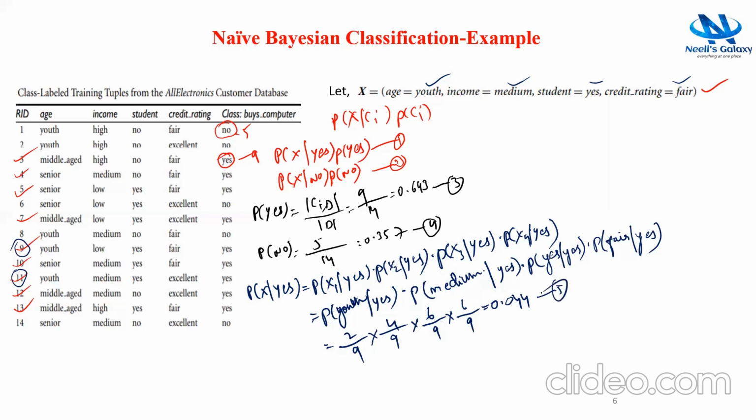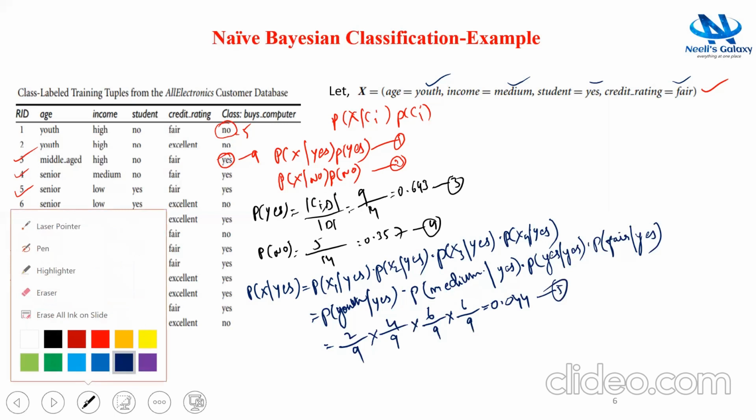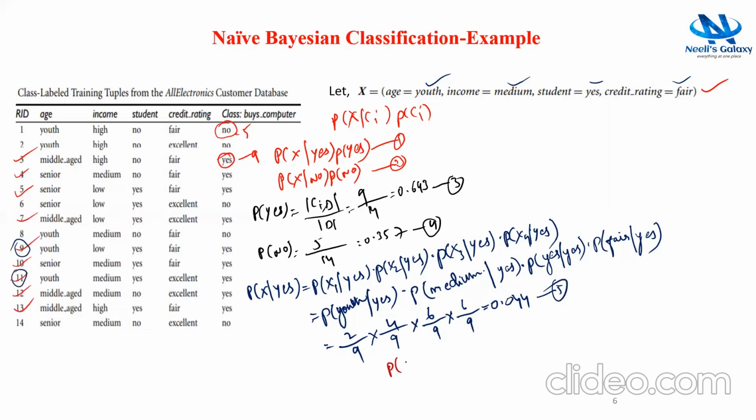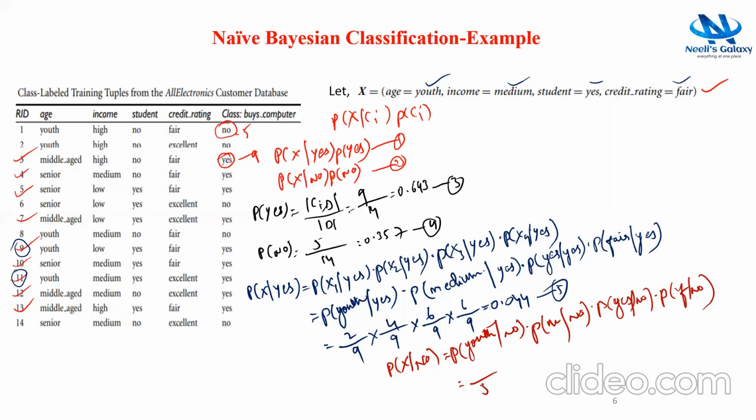Next we need to calculate the no case again. So P of x by no we need to identify. This is again the same: P of youth by no into P of medium by no into P of student S by no into P of fair by no. Out of 5 no tuples, how many youth are there?